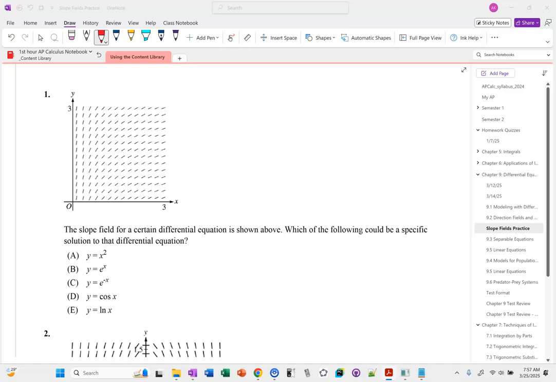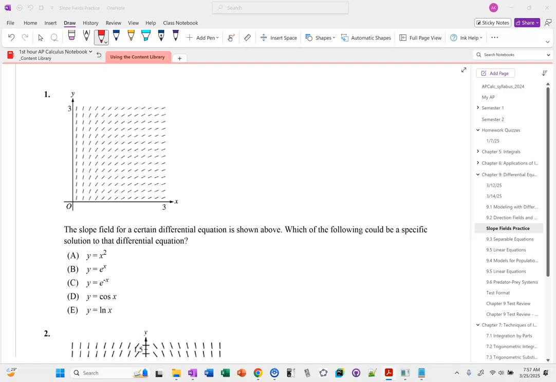This is what I would do. If I trace the function that's defined by the slope field here, I'll get a shape for a graph, and then I'm just going to try to match that graph to the functions I see below.